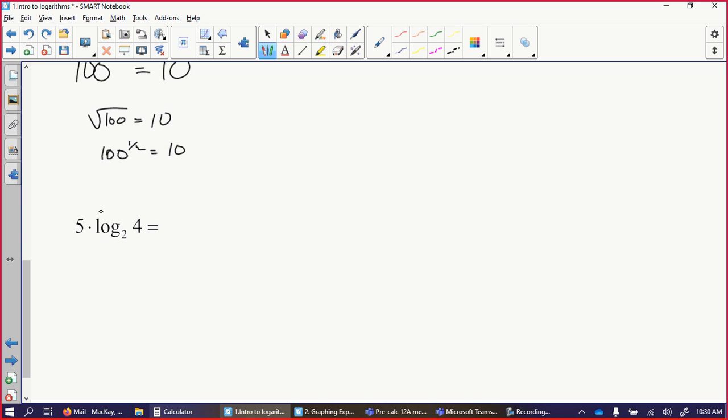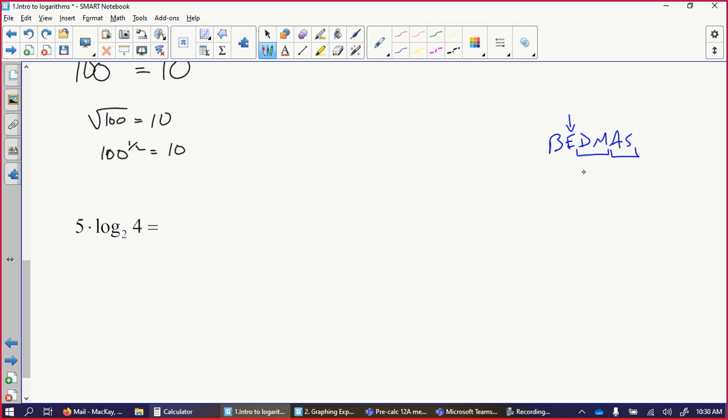5 times log base 2 of 4. Well, a logarithm is effectively an exponent. So when we talk about BEDMAS, I usually say those two are fundamentally the same, so you do those in whatever order they appear.